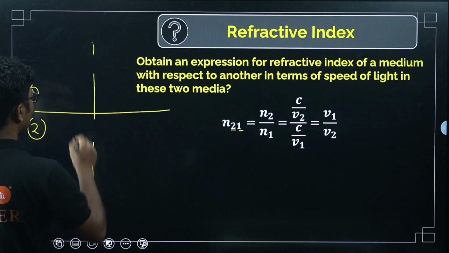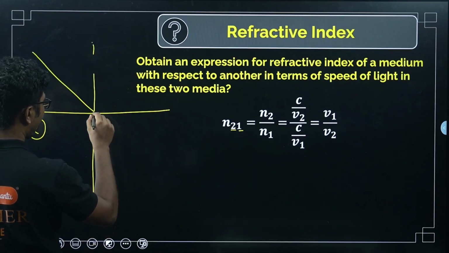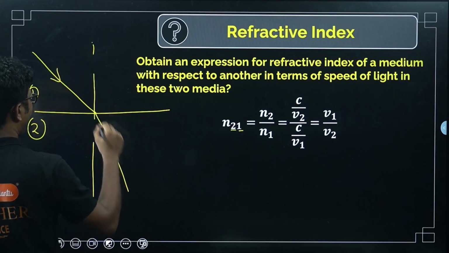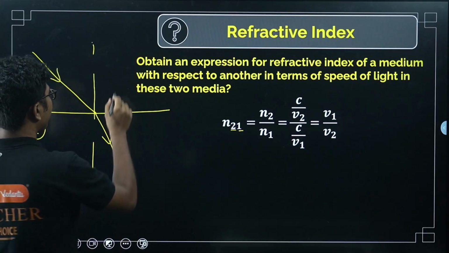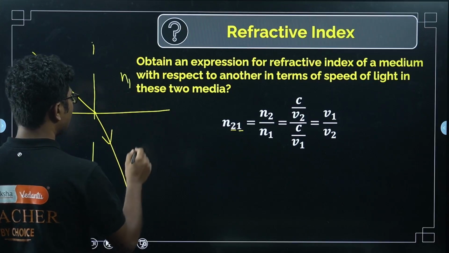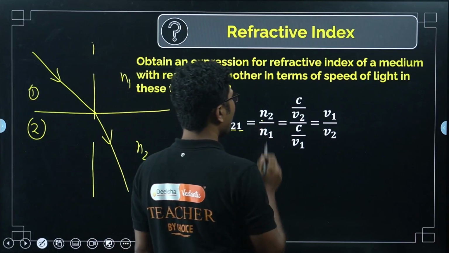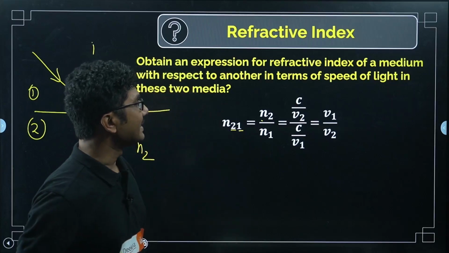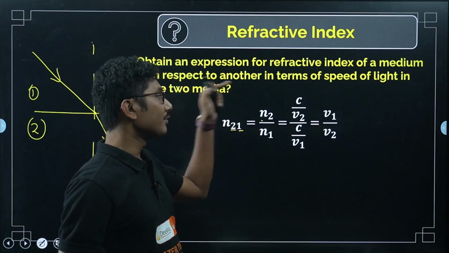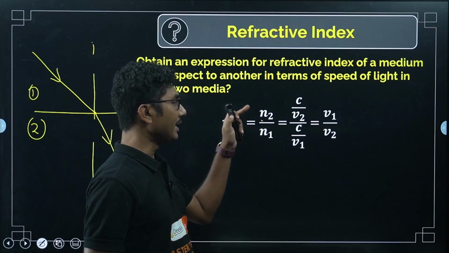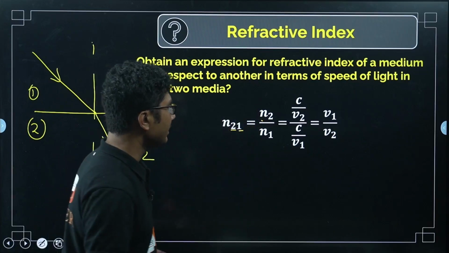Light is traveling like this. Now the refractive index of this medium is N1, and the refractive index of this medium is N2. Now N2 by N1 is defined as the refractive index of medium N2 divided by the refractive index of medium N1.